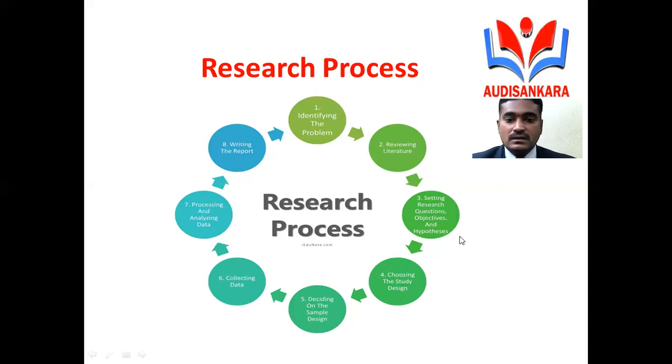And the next one, when you go for choosing the study, deciding on the sample design, talks about two different areas: probability sampling and non-probability sampling. Probability sampling runs on the basis of probability, whereas non-probability sampling runs on the basis of non-probability.